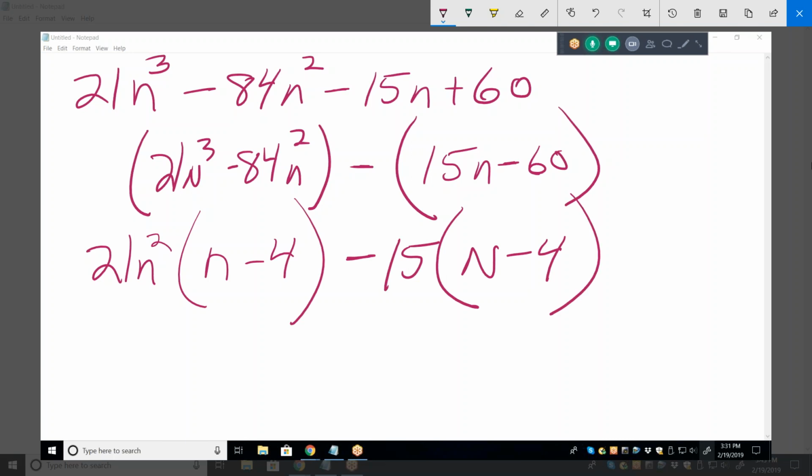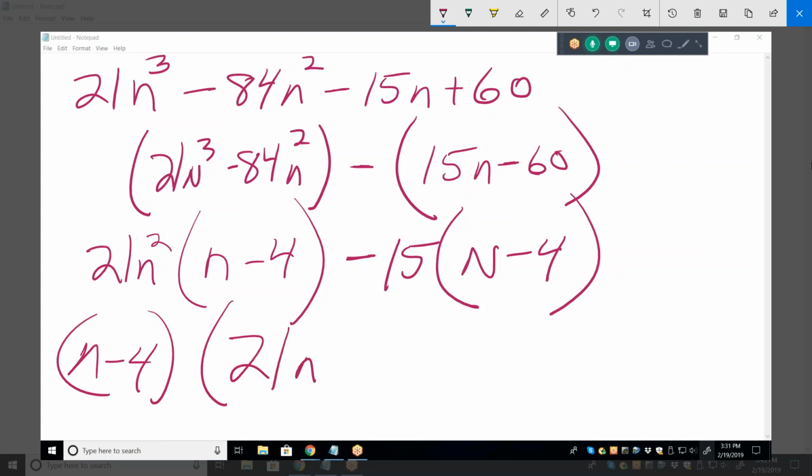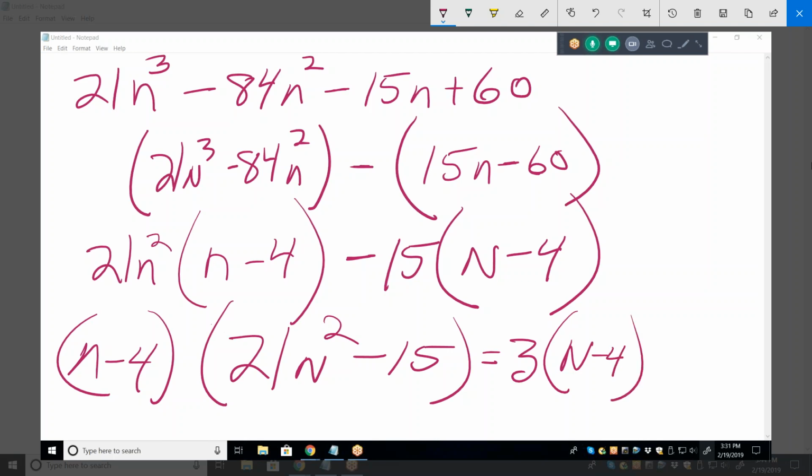Now I'm going to factor out the n minus 4, leaving 21n squared minus 15. I'll factor out the 3, leaving 3 times n minus 4 times 7n squared minus 5.